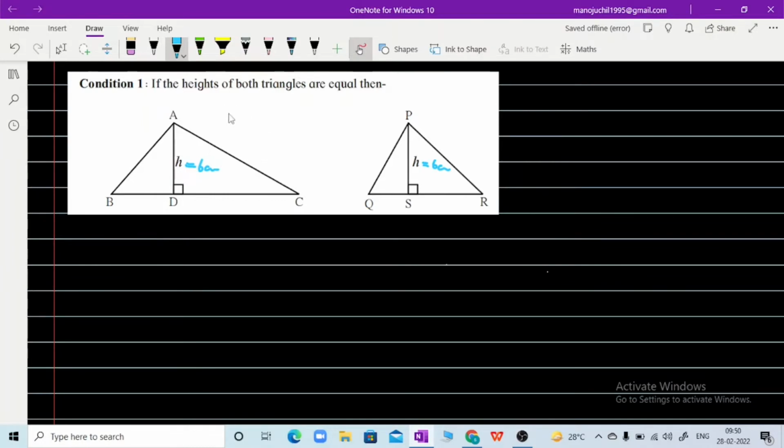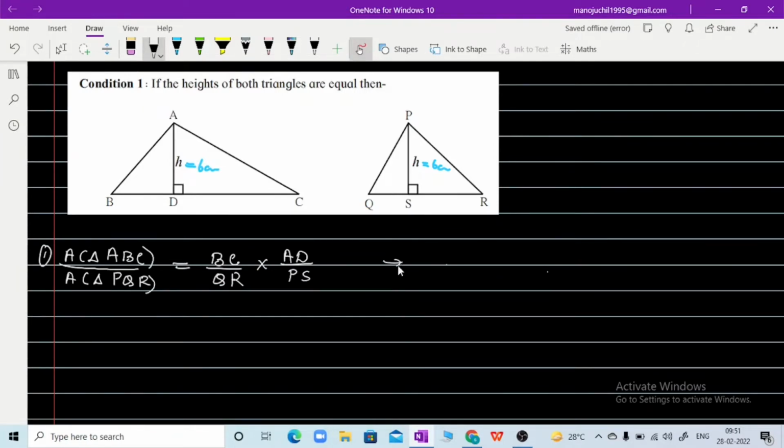As per the first property, the ratio of areas of two triangles, we get area of triangle ABC upon area of triangle PQR is equal to base BC upon QR multiplied by height AD upon PS.